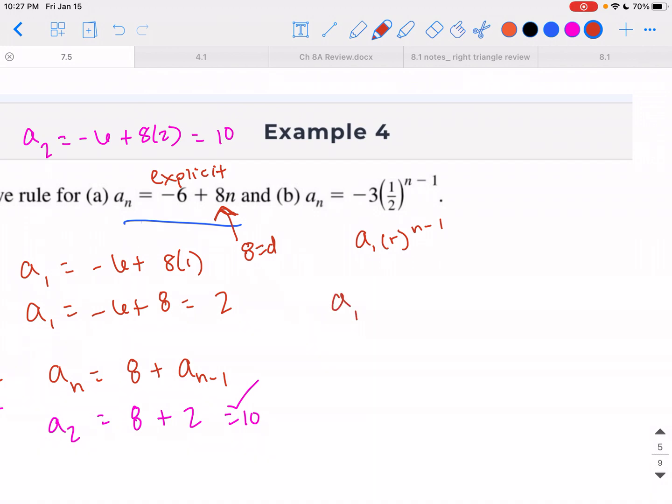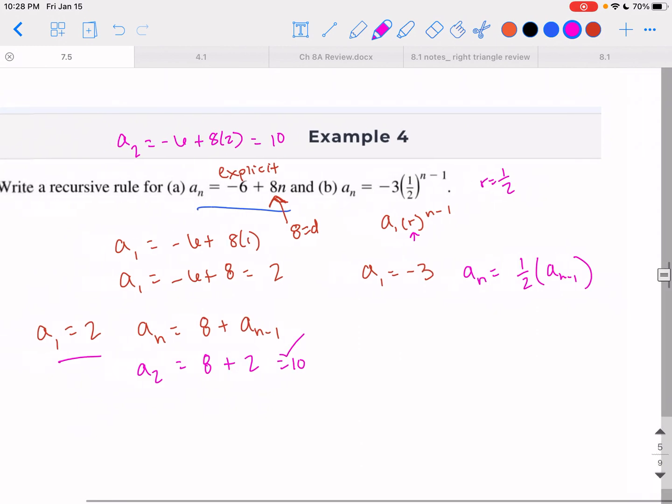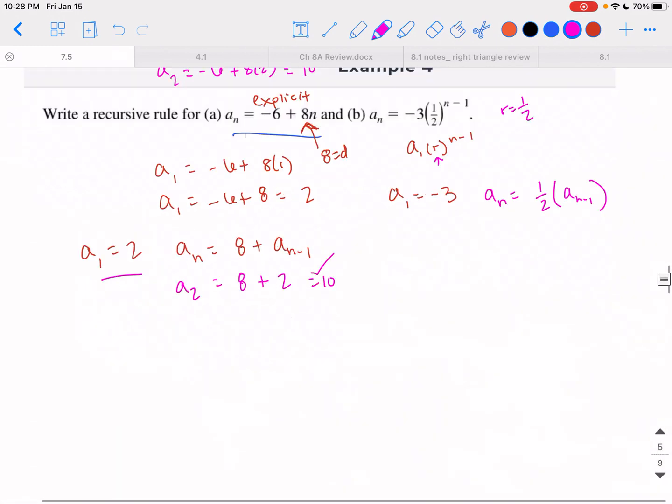So we're given a sub 1 right in the explicit formula, so a sub 1 is negative 3, and your common ratio is also given right there. r would be 1/2, so you'll have a sub n equal to your common ratio, which is 1/2, multiplied by a sub n minus 1.